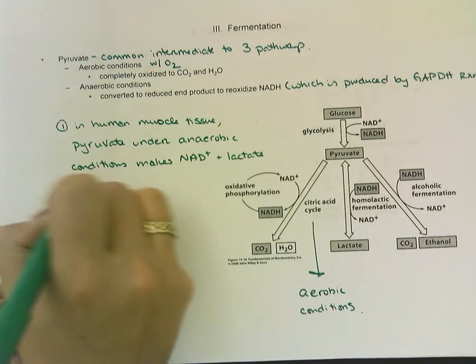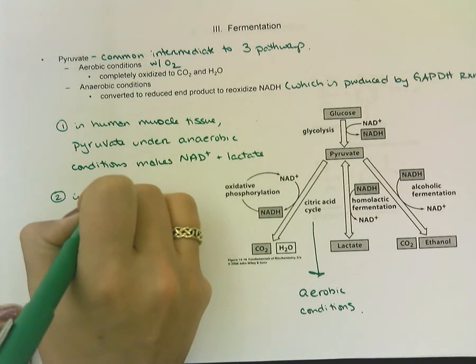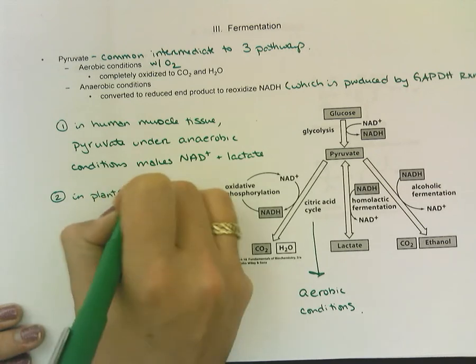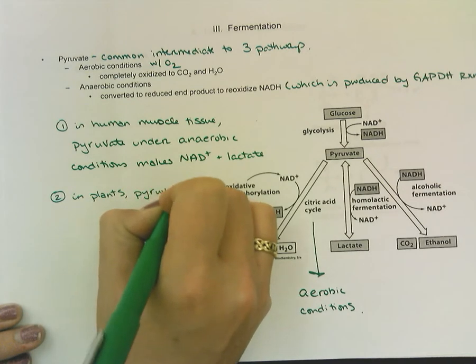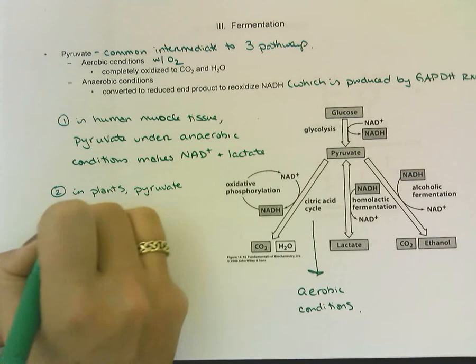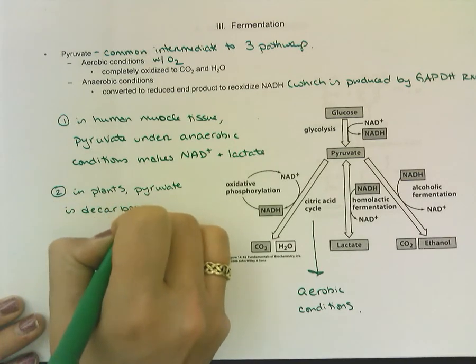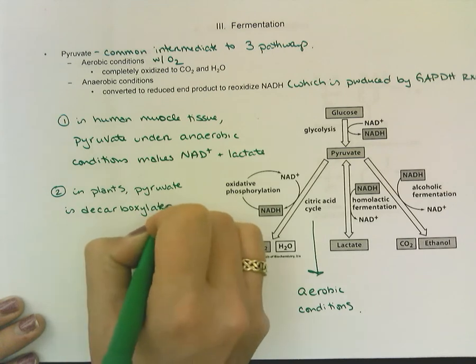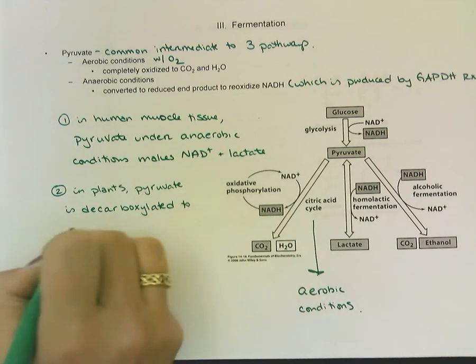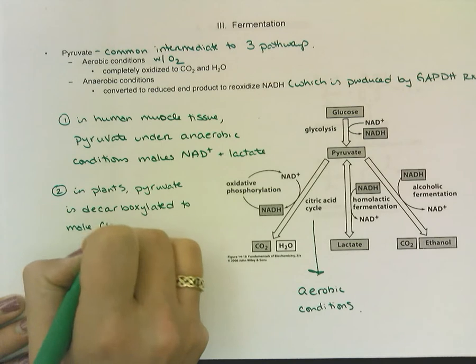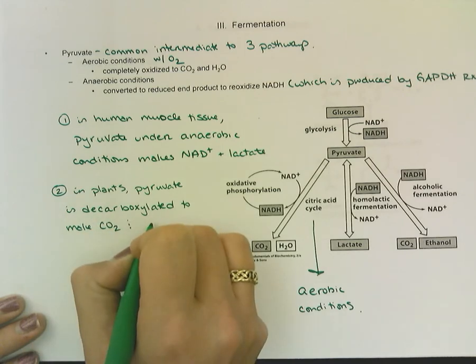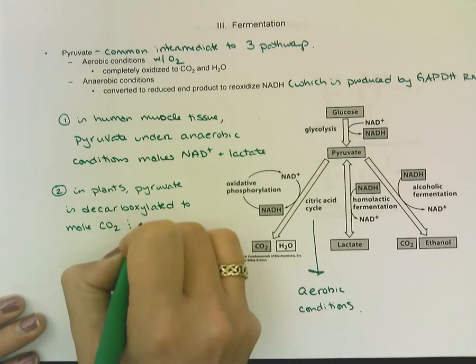In plants, pyruvate can be decarboxylated to make carbon dioxide and ethanol.